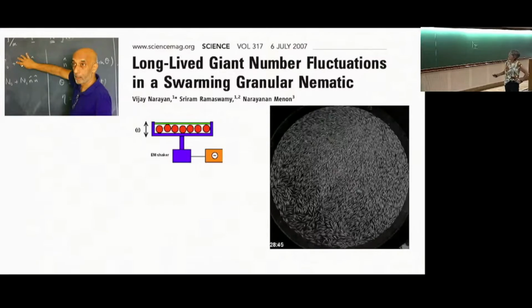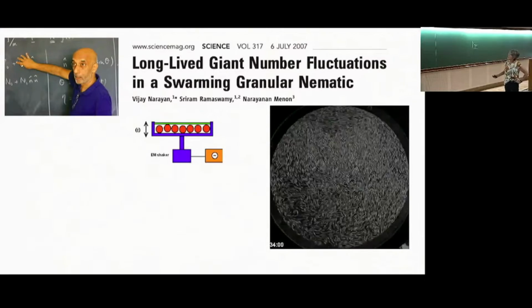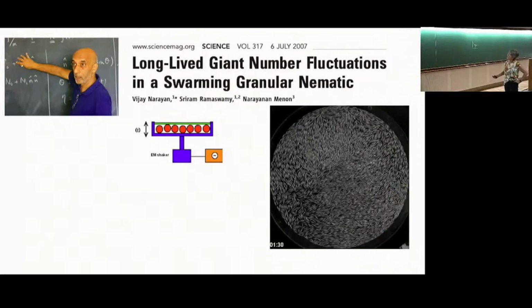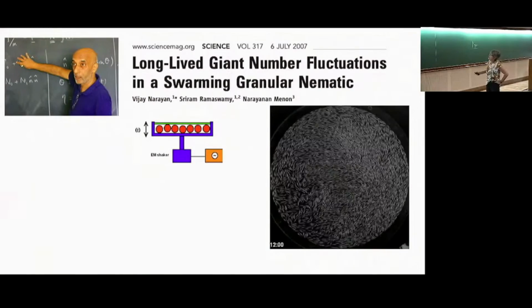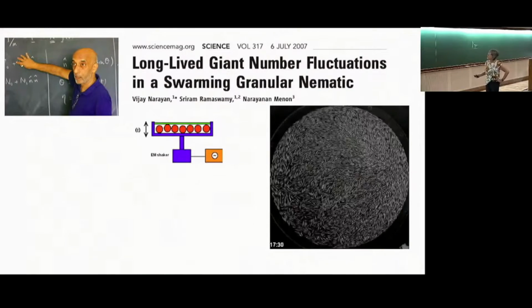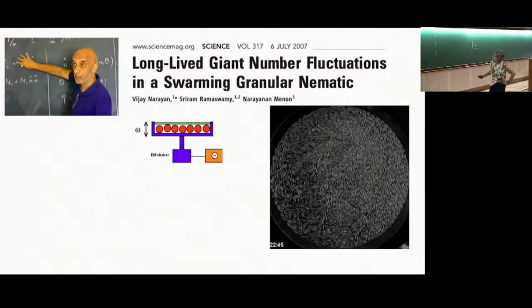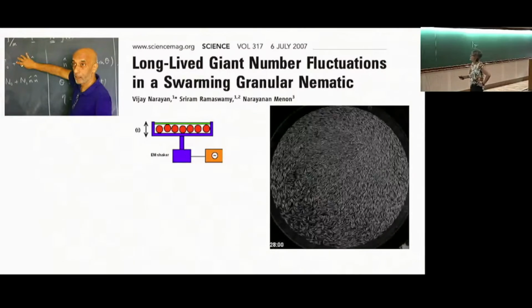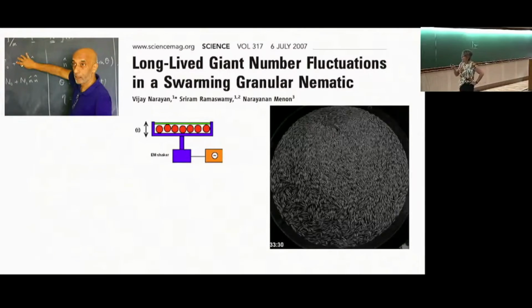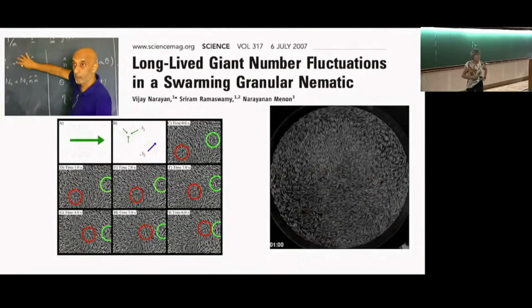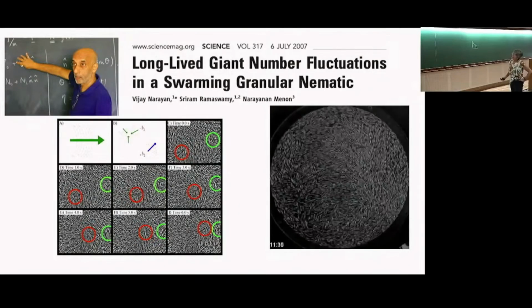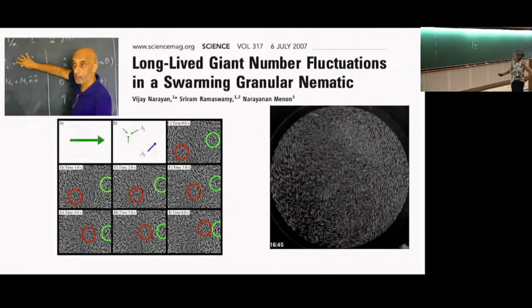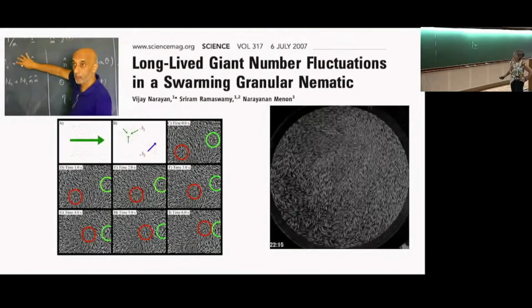It was back in 2007: a vertically vibrated monolayer of granular rods that also exhibits, this is a dry system, there's no fluid here, a very similar type of chaotic dynamics. And furthermore, well hidden in the supplementary material, there was the prediction that the topological defects that can be mapped out here can become motile.